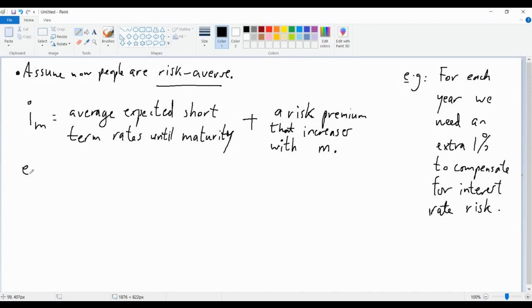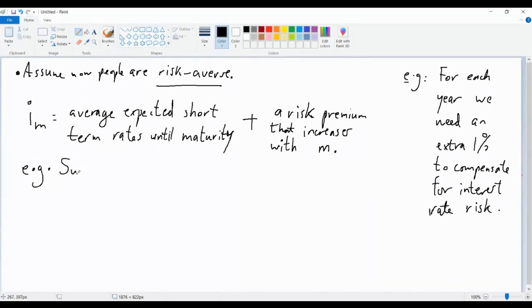And now we need two things. One, we need to know what the risk premium is. I just told you what it is. The other thing is we need an expected path for short-term interest rates. Right. So let's give a path.